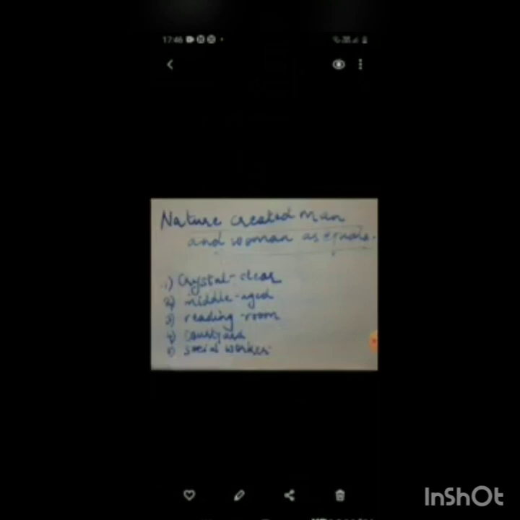Here are 5 words that I have written from the chapter: crystal clear, middle-aged, reading room, courtyard, and social worker. Apart from these, if you find any other compound words in the chapter, you are welcome to write those.